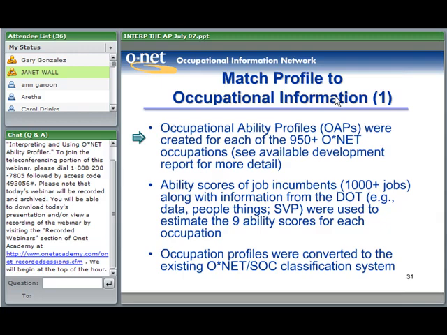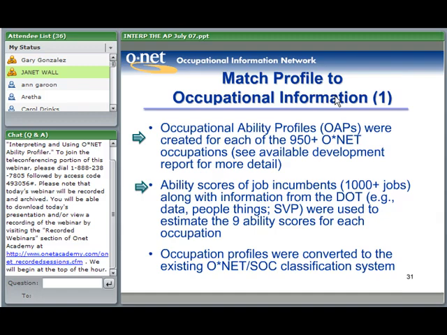They did this by using ability scores of actual job incumbents in more than 1,000 jobs, along with the original information from the Dictionary of Occupational Titles to include data, people, and things, and specific vocational preparation. So we're using DOT information, we're using ability scores of job incumbents in the occupation. They were able to estimate ability scores for the occupations within the ONET system.